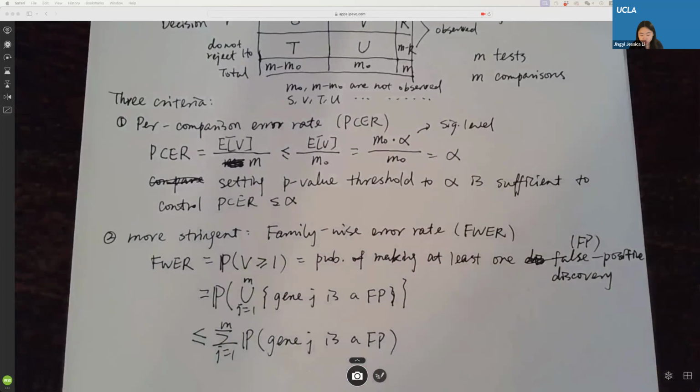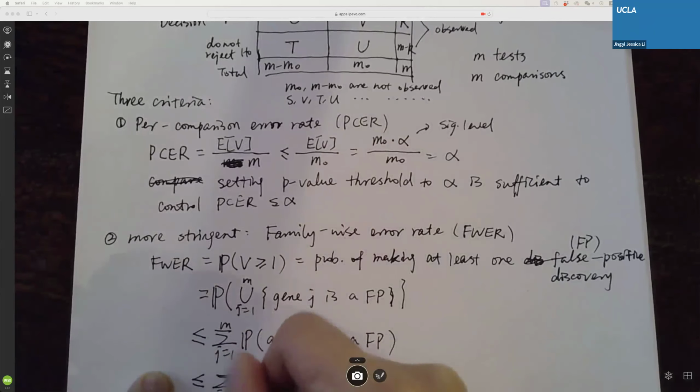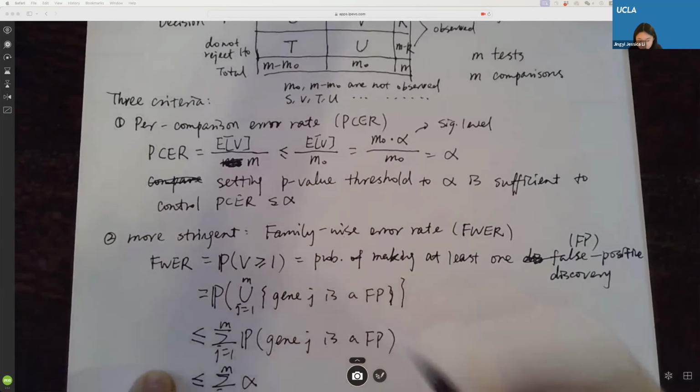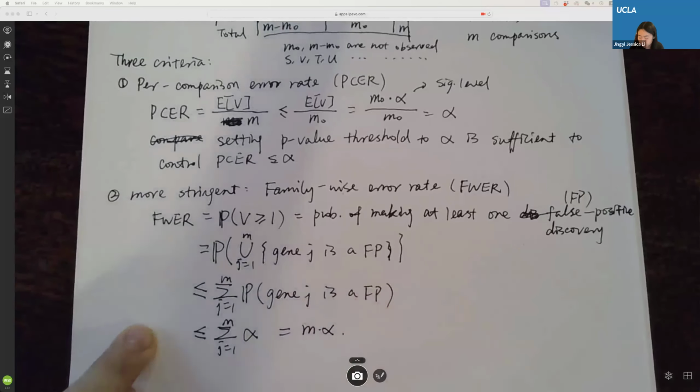And gene j being a false positive is controlled by what? Type 1 error, or the significance level. That controls that when gene j is a null gene, the probability that it is discovered as a DE gene is only alpha. So this is alpha, summed n times, so this is n times alpha.